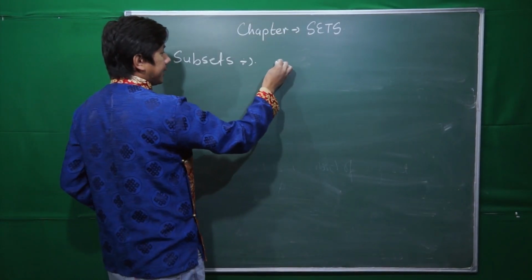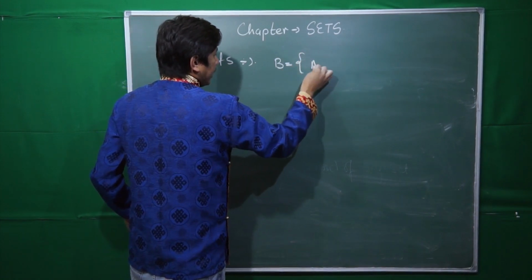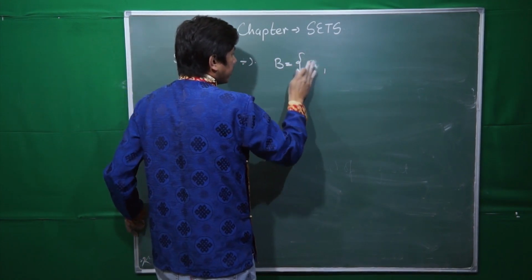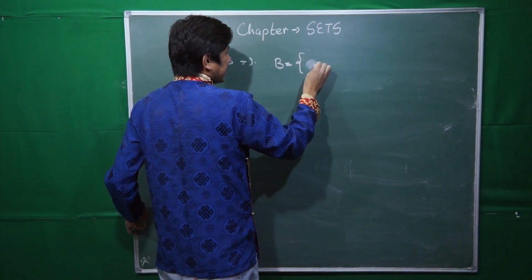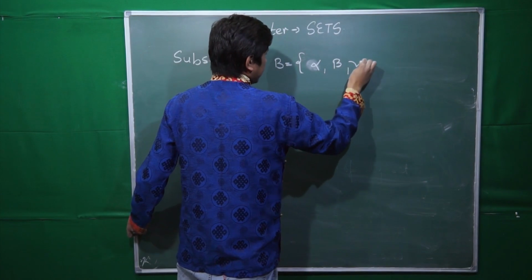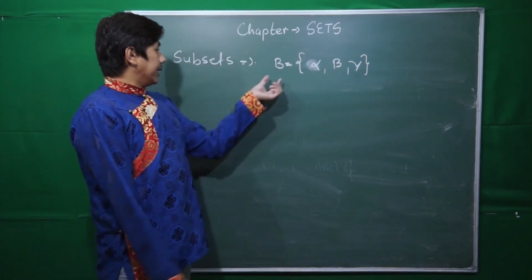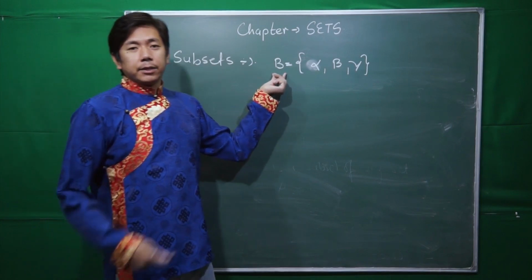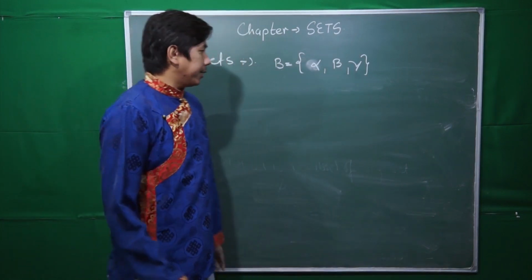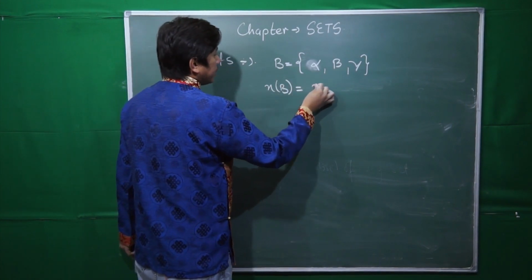For example, let's take a set B that has elements alpha, beta, and gamma. Okay. Now this is a set that has 3 elements. Therefore, the cardinal number is 3.